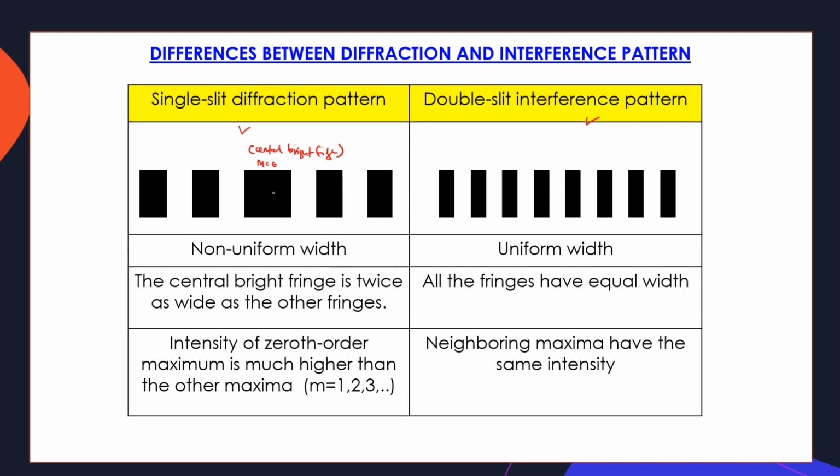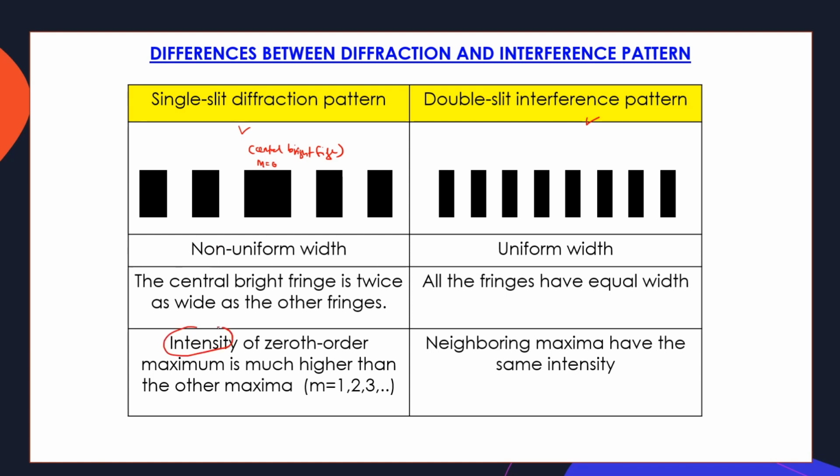As we can see here, the width of the central bright fringe should be bigger compared to the width of the other bright or dark fringes. But for the double slit, we have the uniform width. Okay, and the central bright fringe is twice as wide as the other fringes. Yes, we have discussed before, and all the fringes have equal width. Okay, we don't have the central bright fringe for this one.